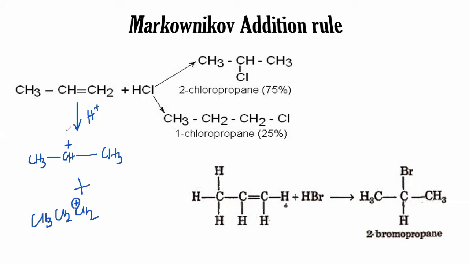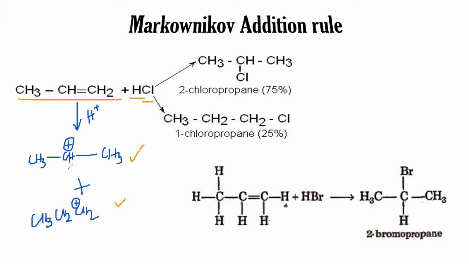Just try to understand very carefully, listen. HCl is an acid, it will dissociate to form H plus and Cl minus. Now this H plus will attack this particular compound, and it will result in two products, both carbocations, right?